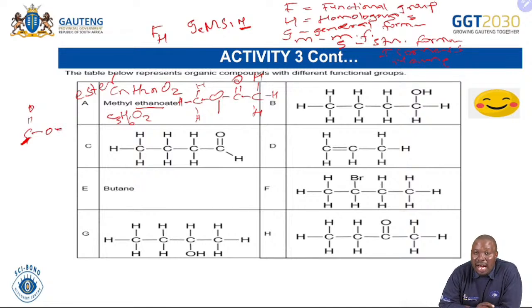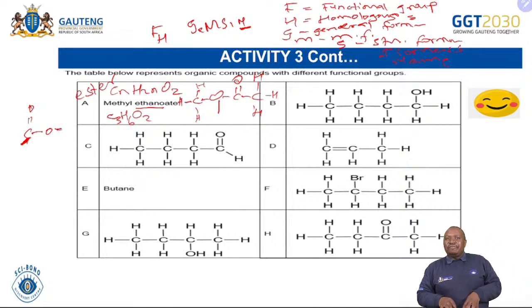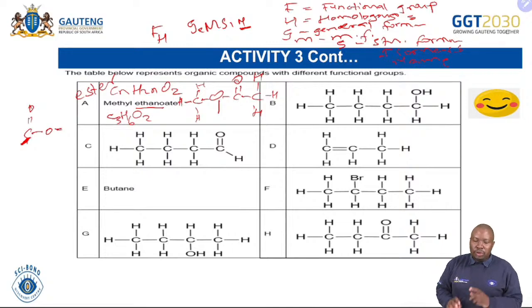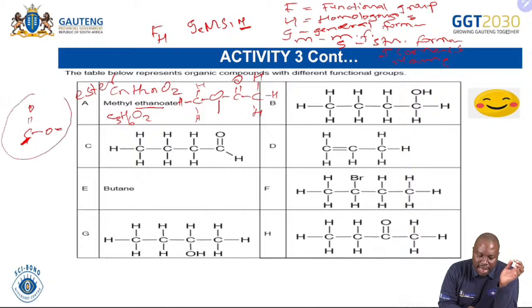Sometimes we ask you to draw the structural formula of the functional group. You must be able to differentiate, because if the question says draw the structural formula of the functional group, you can't draw the structural formula of the whole organic molecule. You only draw that of the functional group, which is what I've done for you there in terms of your esters. So I hope that will help you moving forward.